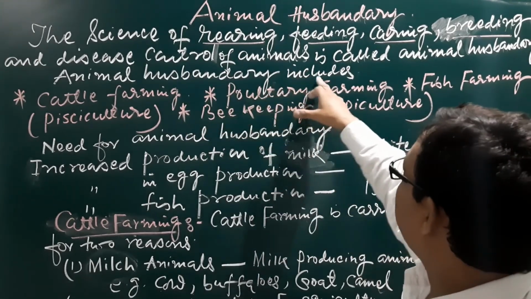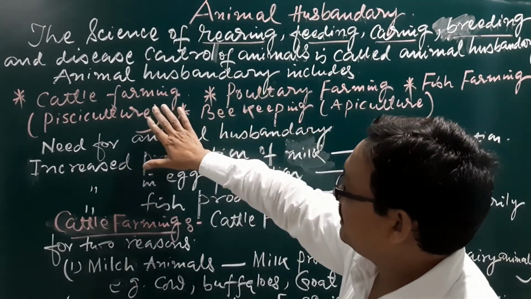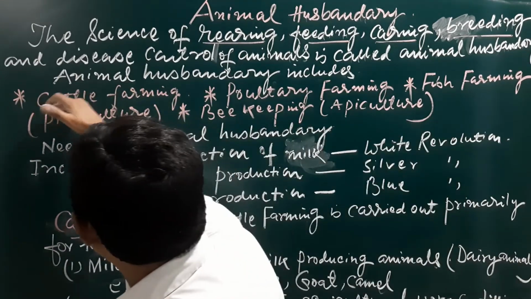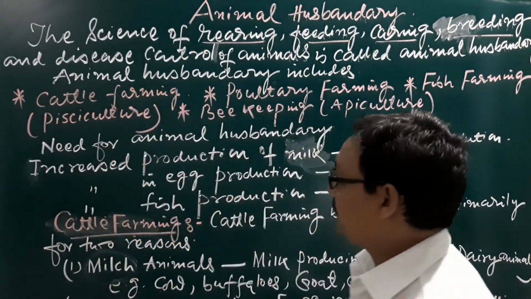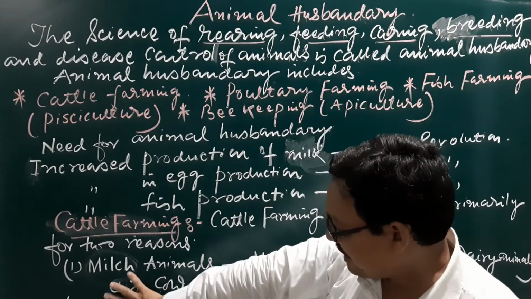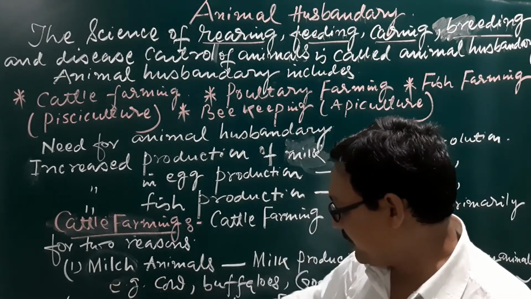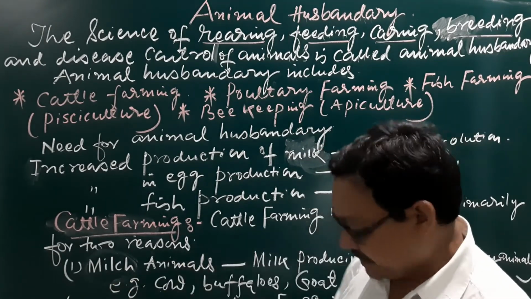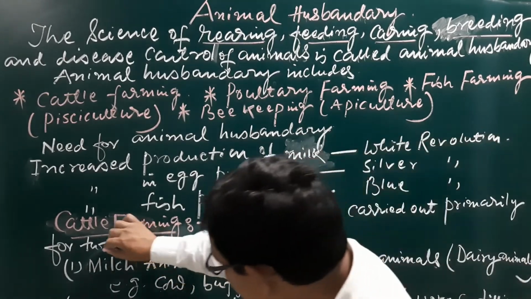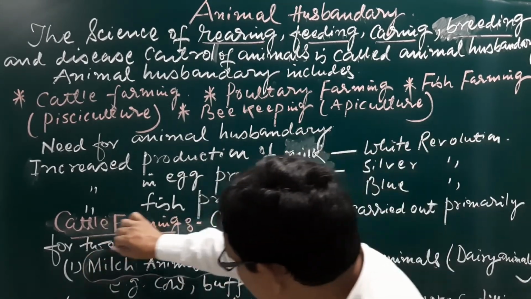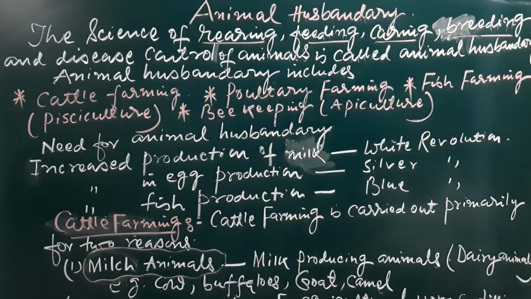That's why animal husbandry includes several fields. The first one is cattle farming, where we will study two different types of animal, the milch animal and the draught animal. Here in our syllabus it is only essential to know the milch animal.